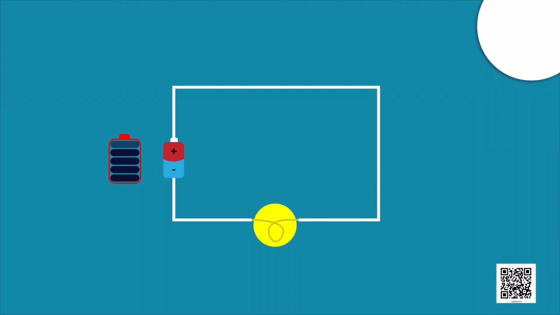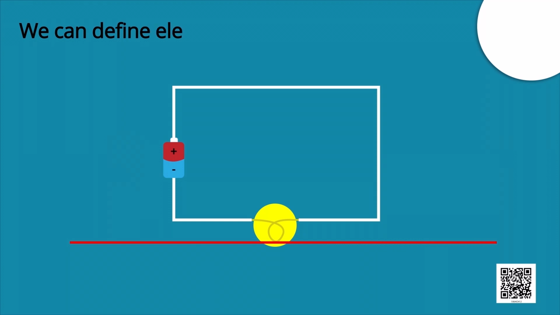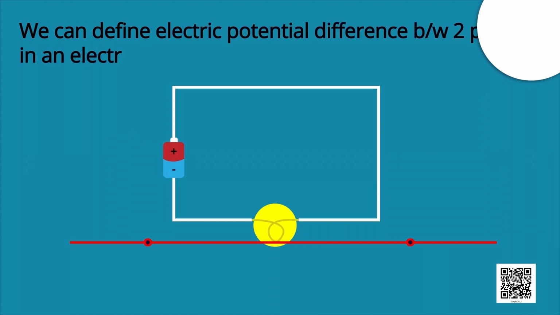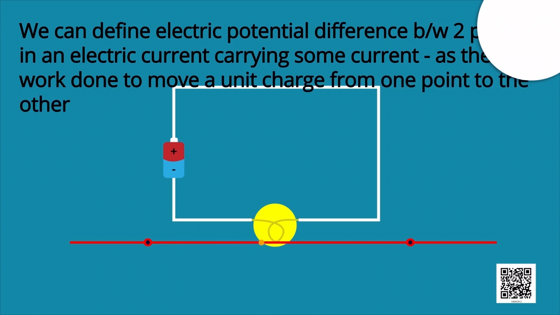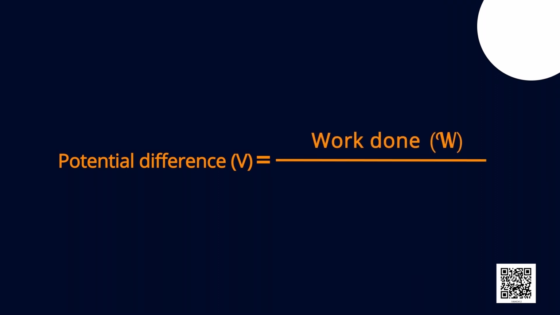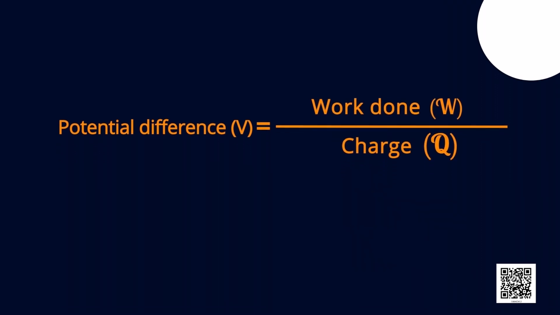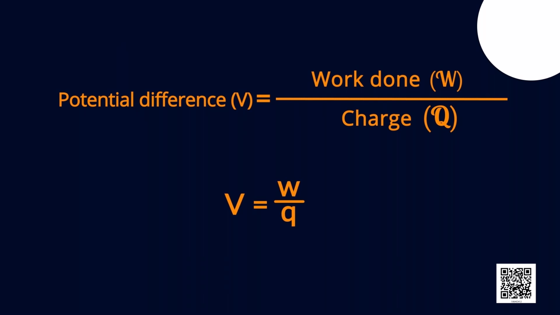So children, we can define electric potential difference between 2 points in an electric circuit carrying some current as the work done to move a unit charge from one point to the other. Potential difference V between 2 points is equal to work done over charge, that is V = W/Q.